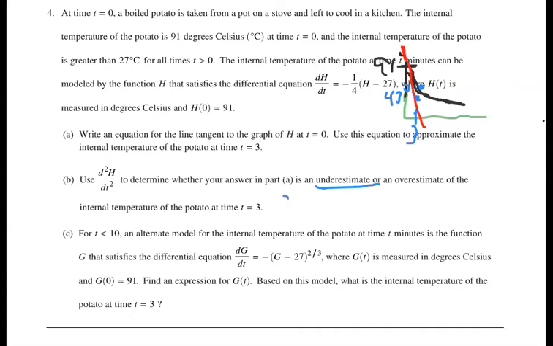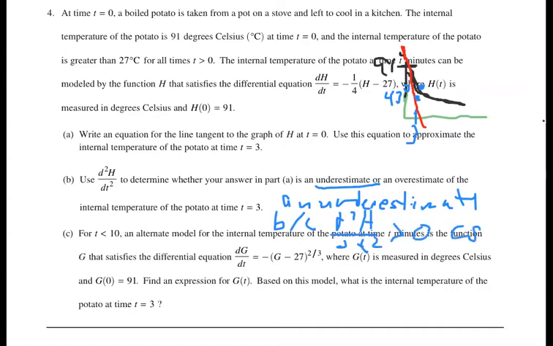So we would say A is an underestimate because the second derivative of h is greater than 0, concave up.